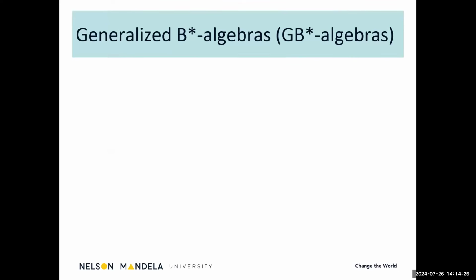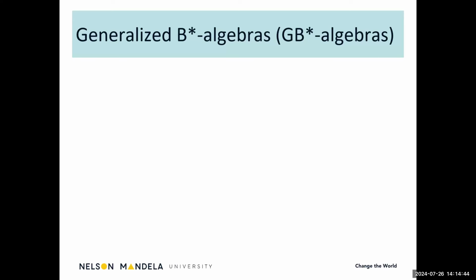Okay, one class of unbounded operator algebras which I now will introduce and which will set the scene in our work are those called generalized B star algebras or GB star algebras.